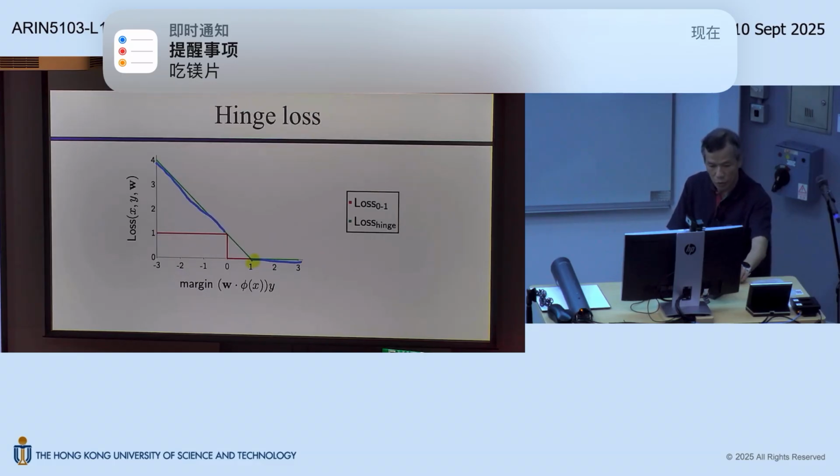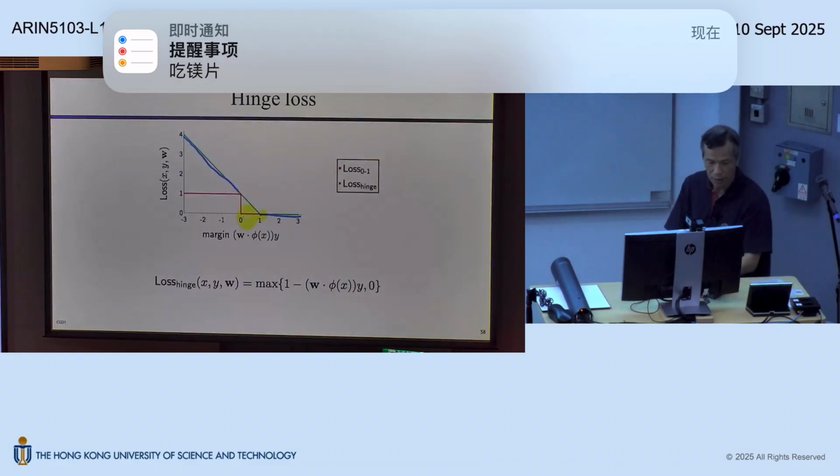And what I want to say is that we want to have non-zero loss in this region because you are only marginally correct. So we still want to give you a penalty so that you will change. Mathematically, the equation of this hinge loss is given by this one.